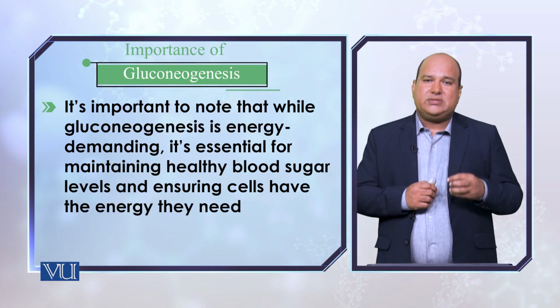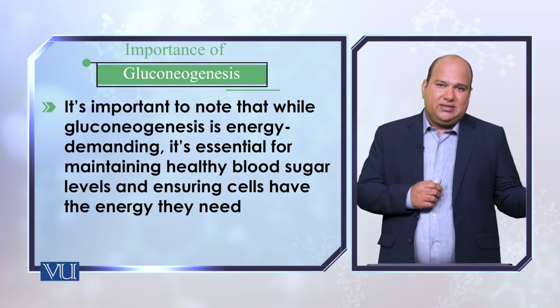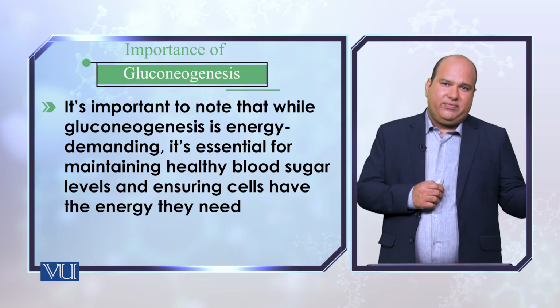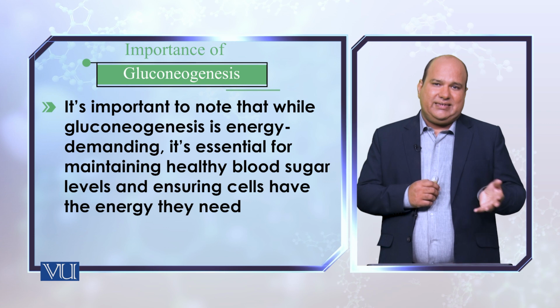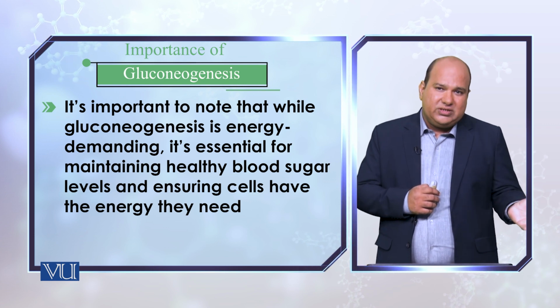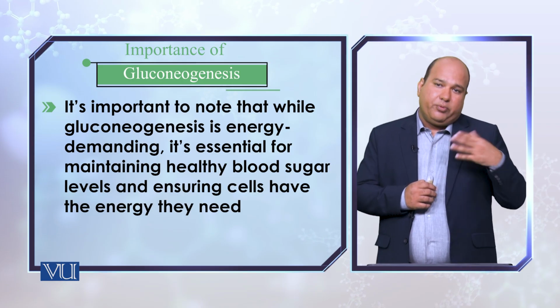Your brain very much depends upon the metabolism of glucose. So, glucose is highly important. That is why, even at the cost of so much energy, the body will always go for getting glucose from whatever sources it can get, and gluconeogenesis is one of those very important sources.